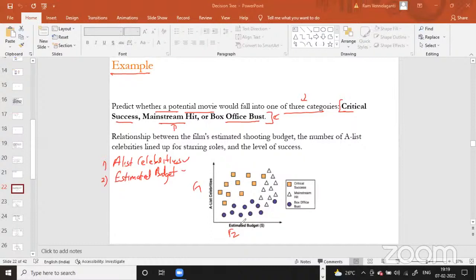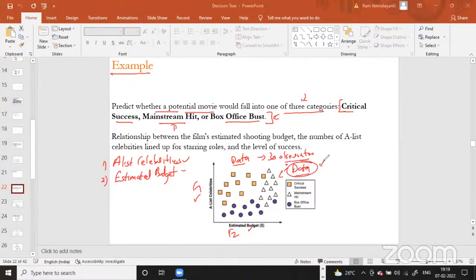So what is happening? If you look at your data, let us say you have around 30 observations. Based on your features, you are able to explore your data, so this is how my data is distributed.